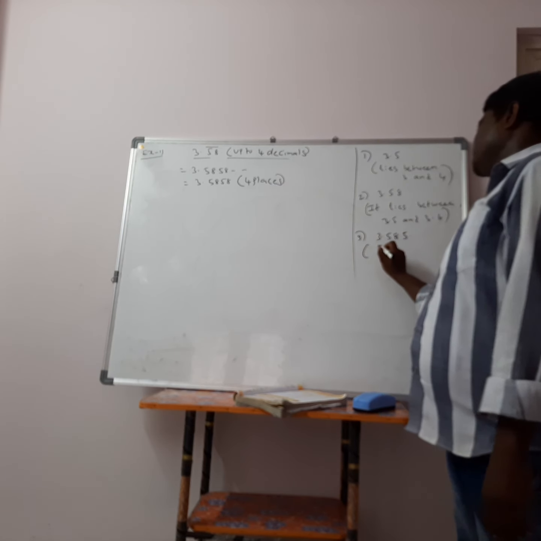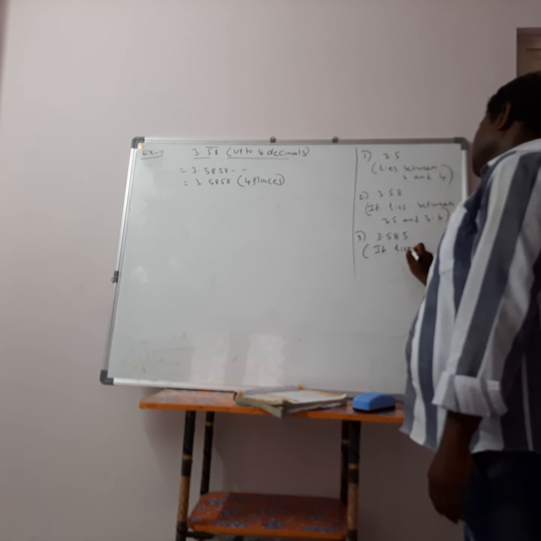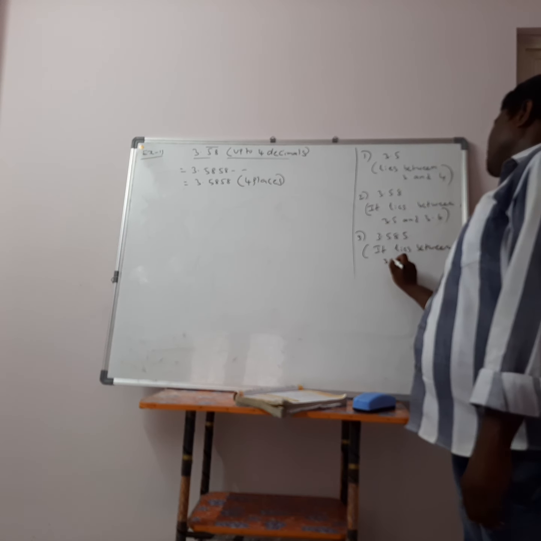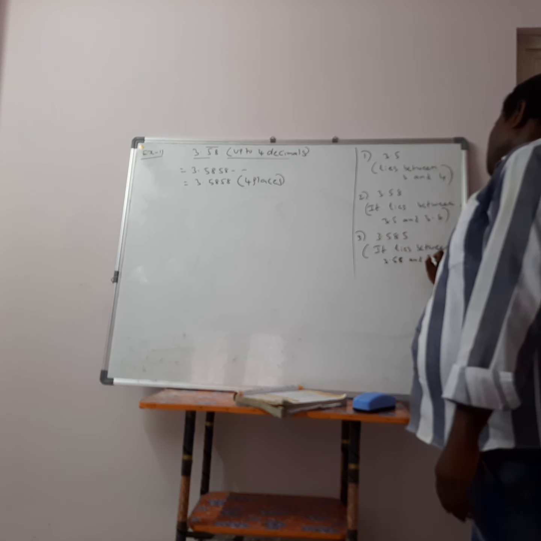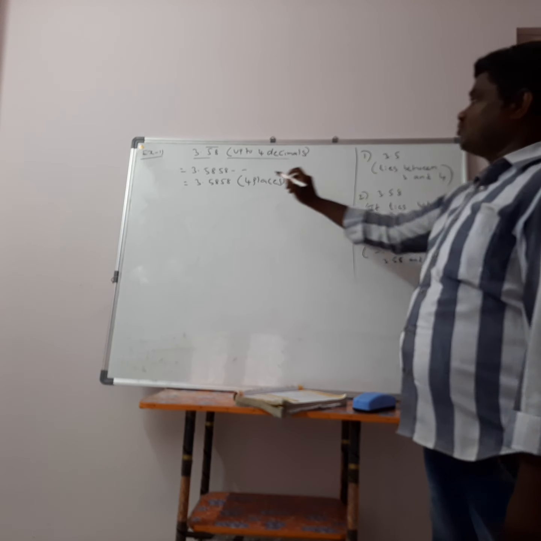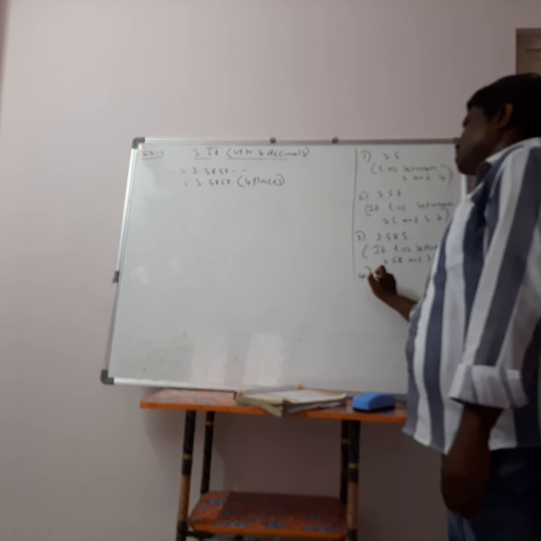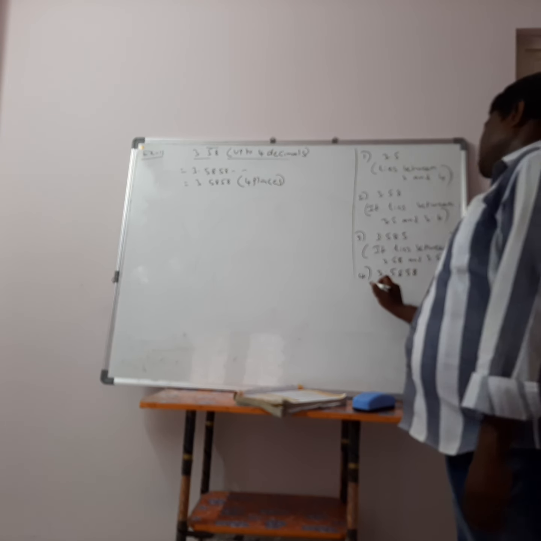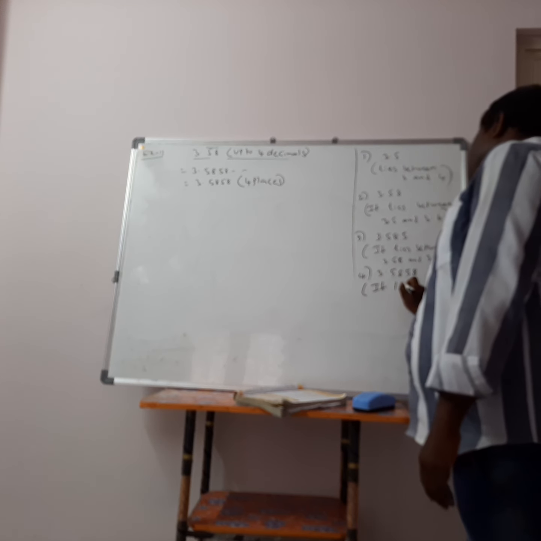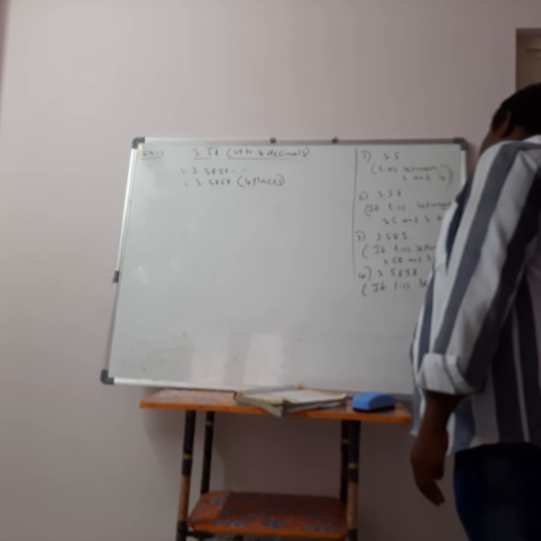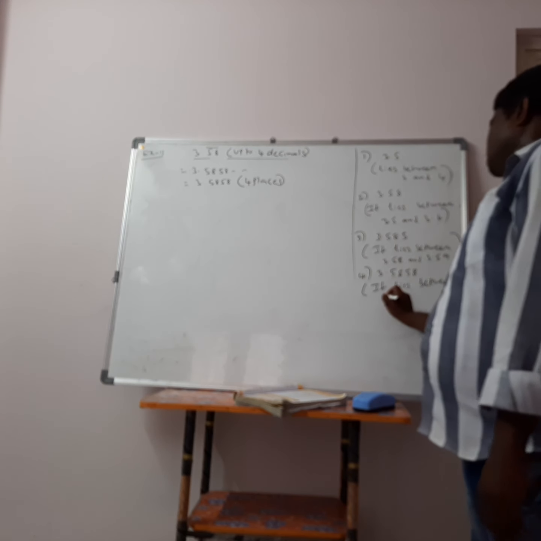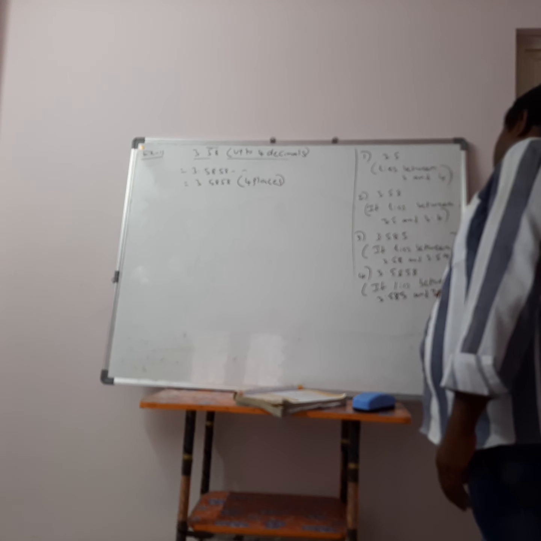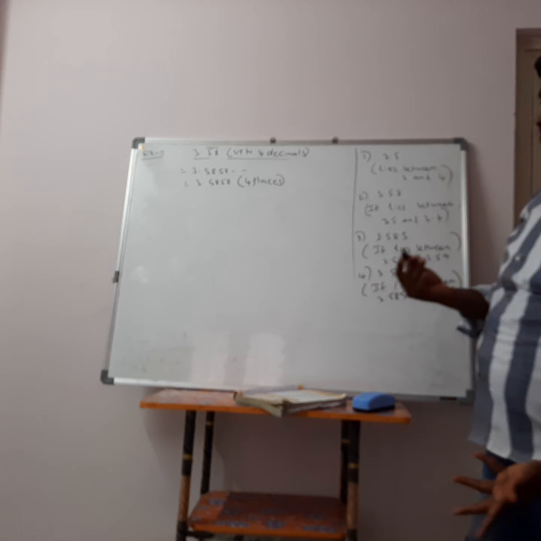So 3.585 lies between 3.58 and 3.59. The fourth one, 4 digits, 3.5858. That means it lies between 3.585 and 3.586.